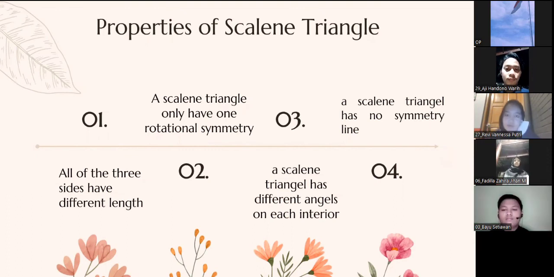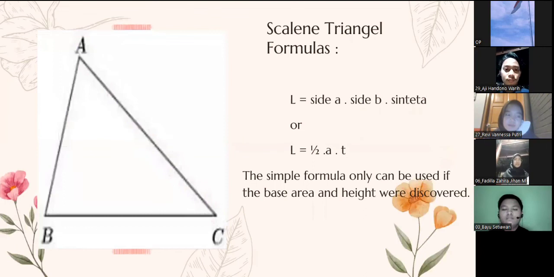Number 4, a scalene triangle has no symmetry line. Next, the scalene triangle formula. L equals a times b times sin theta, or L equals half times a times c. The simple formula can only be used if the base and height are known.